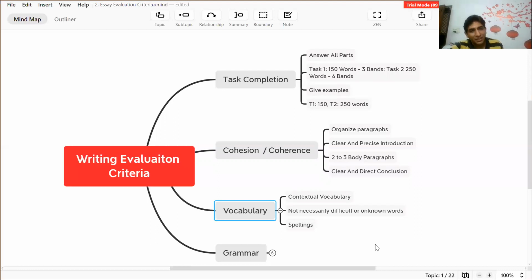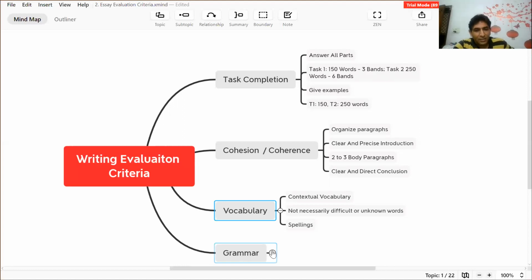If it is related to environment, then sustainable lifestyle falls into that category. So use appropriate words which fit in the given situation, not necessarily difficult or heavy words. Make sure that your spellings are clear and correct.